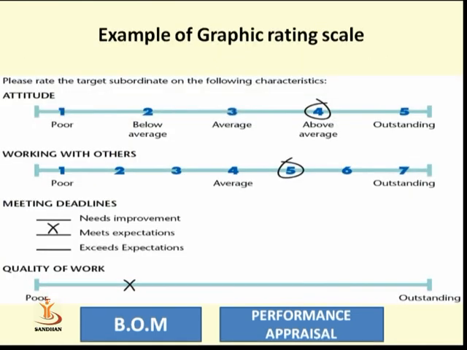So here is an example of a graphic rating scale, whether it is a continuous or a discontinuous scale, where attitude, working with others, meeting deadlines, and quality of work get measured on a scale of 0 to 5 or 0 to 7 or on a scale of poor to outstanding performance.